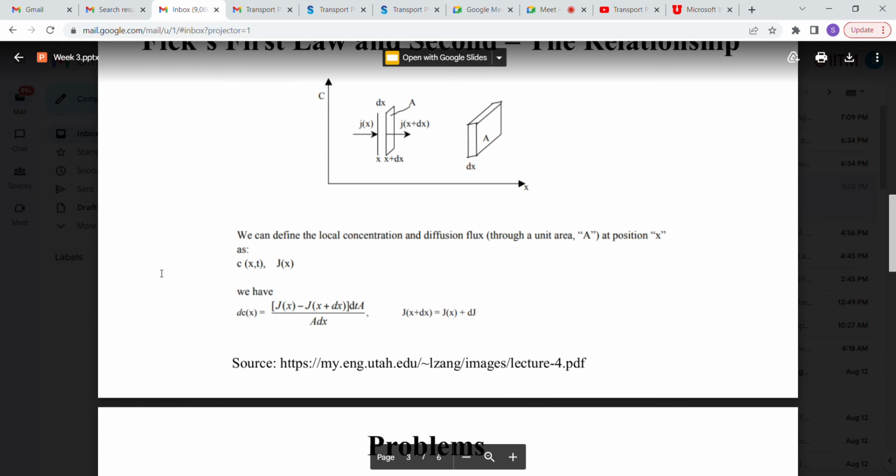We know that the change in concentration dc is related to the change in the diffusive flux at the point x, which is given by j of x, and that of point x plus dx, which is given by j of x plus dx, right? So let's see how, instead of mechanically arriving at equations from big derivations and stuff like that, the author has simply used this graph to arrive at this part of the equation.